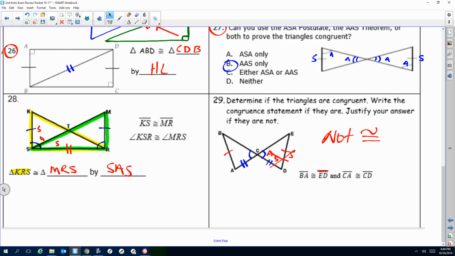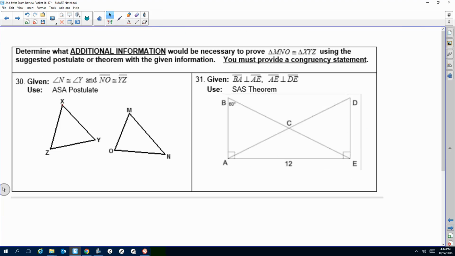All right, so that will take care of that. Sorry, one more, we got one other one. Now we're just determining the additional information. You're not really going to have this on the test, but you are going to have to at least make sure you can problem solve using the postulate.